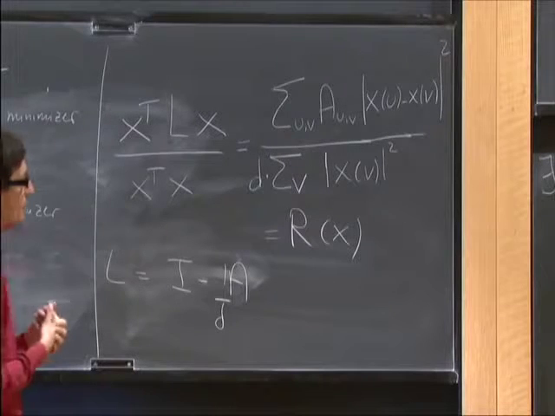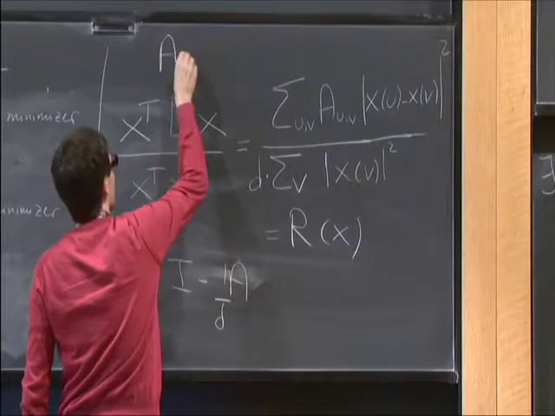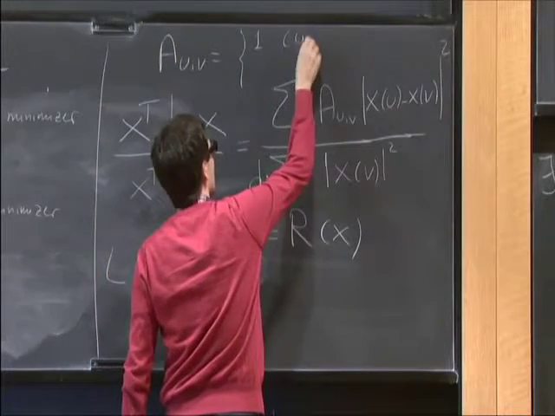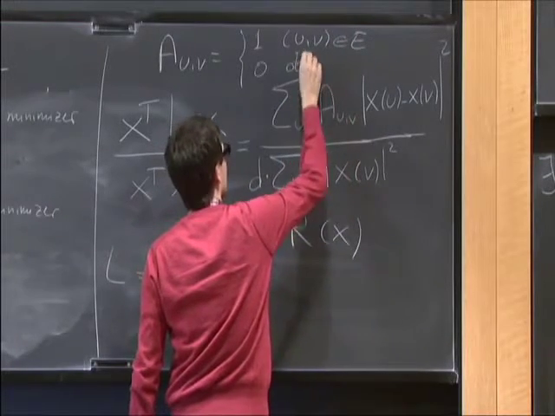Since the numerator is a sum of squares, we really see that all the eigenvalues of this matrix will have to be greater than or equal to 0, because those quotients will always be greater than or equal to 0. A_uv is the adjacency matrix of the graph, so A_uv is 1 if uv is an edge, and it's 0 otherwise.